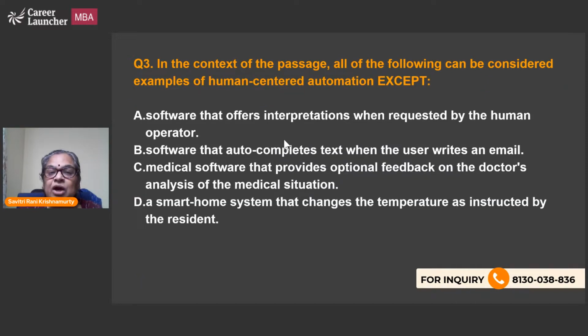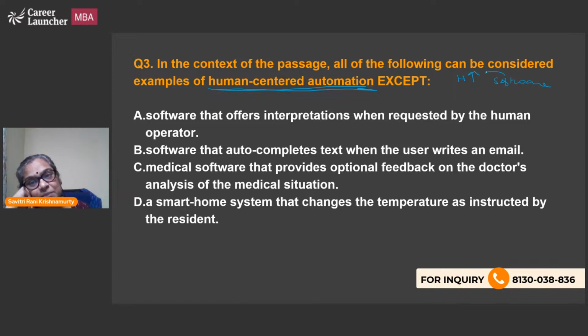Okay. In the context of the passage, all of the following can be considered examples of human centered automation. The author, remember, has recommended human centered automation. What is human centered automation? Where the human being takes precedence and software is only an aid.